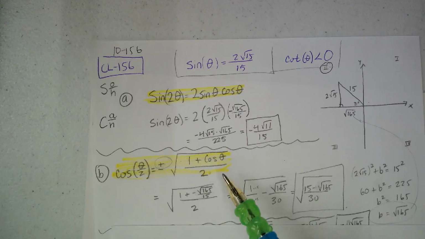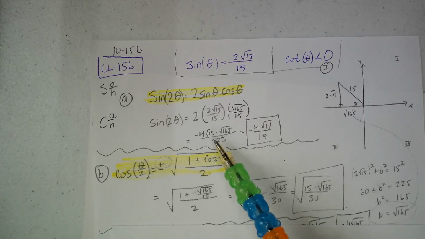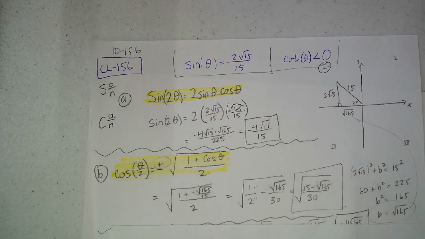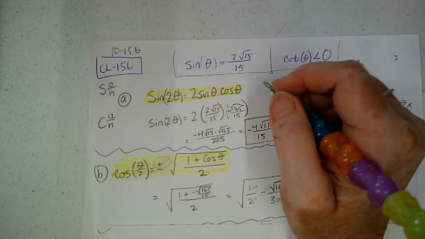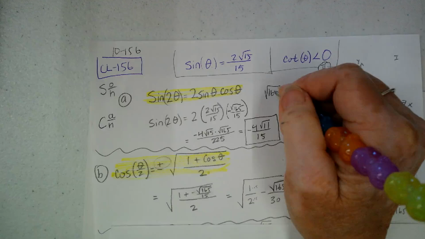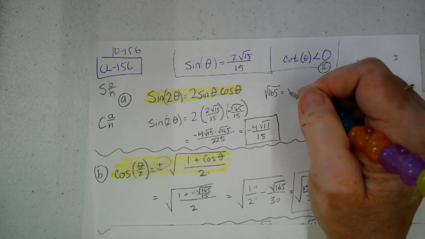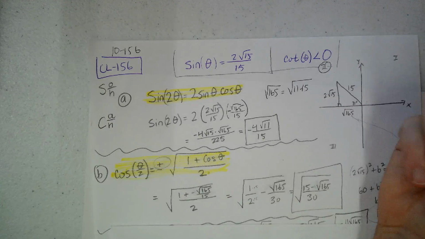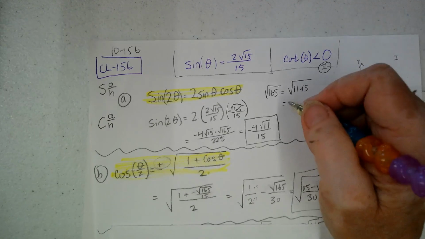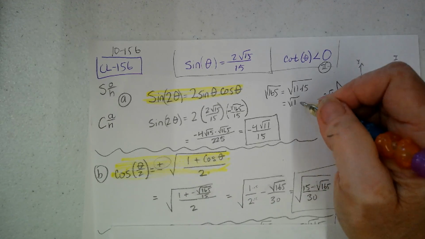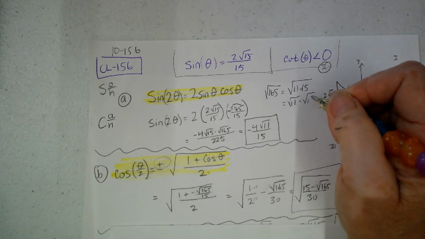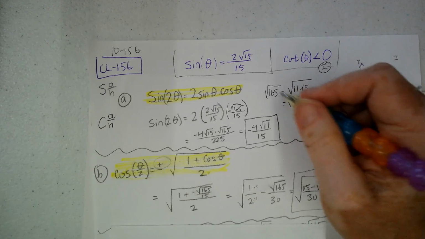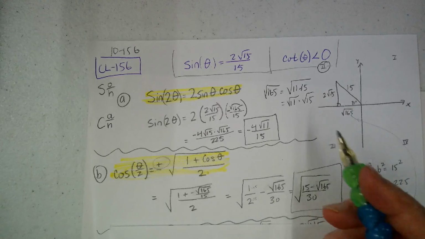If you multiply all those out together, they don't look too nice. It wasn't obvious to me, but 165 is 11 times 15. So if you see in your answer book a bunch of root 11s and root 15s, it's nice to know that. If you didn't notice that, it's fine.